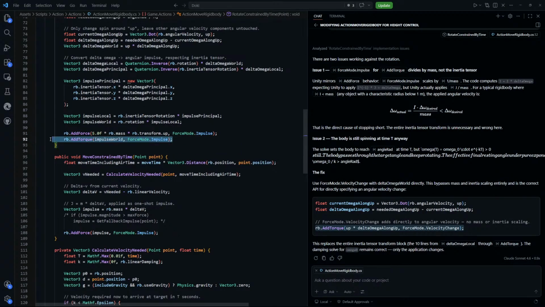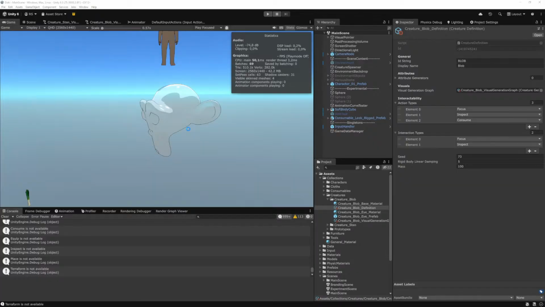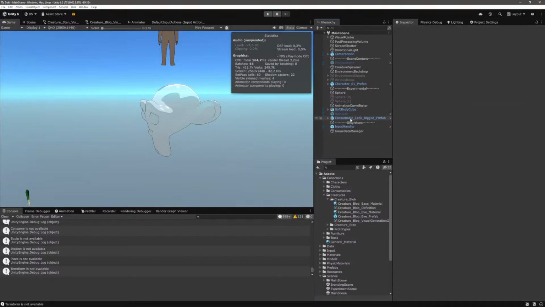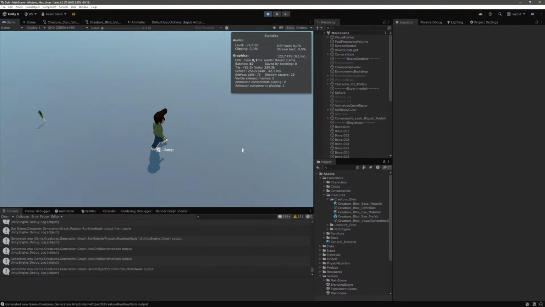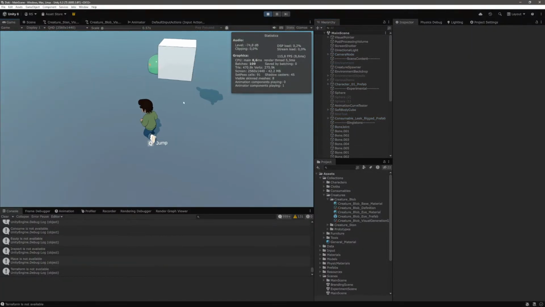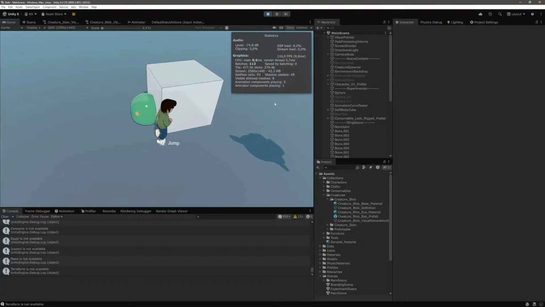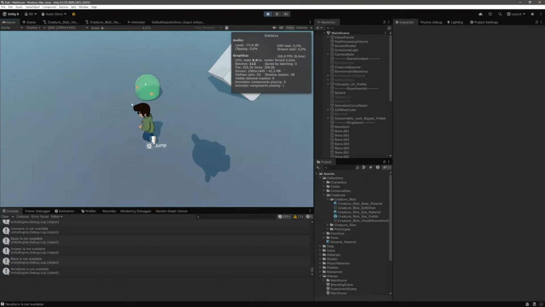Yeah, let's try this. 5 times mass. Maybe it's not enough, but we add a little bit of an up force, so the blob jumps straight up, and then we rotate it. And I wonder if we're going to see less friction and maybe a better result. I don't know if 5 is enough though, or if it's too much.